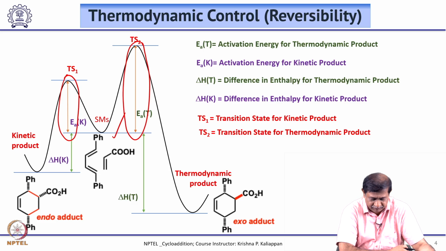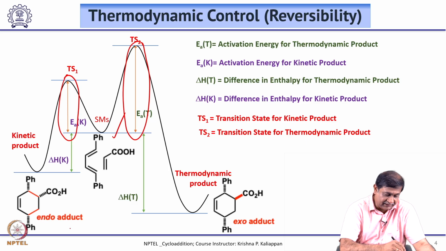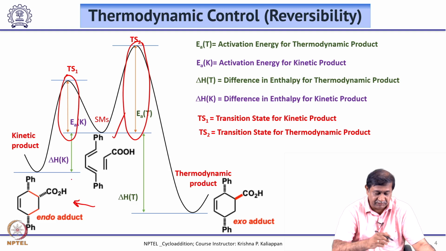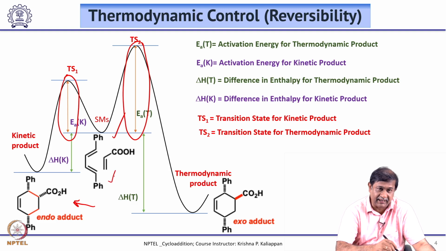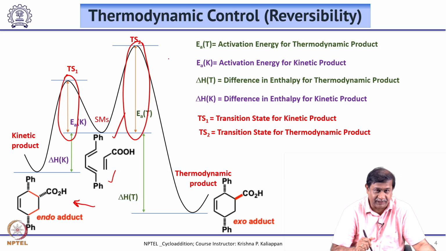What happens when the Diels-Alder reaction takes place? Initially you get the endo product, and when you heat it further it comes back, since it is reversible, you get the starting materials back, and under further heating it undergoes Diels-Alder reaction to give a mixture of endo as well as exo product.